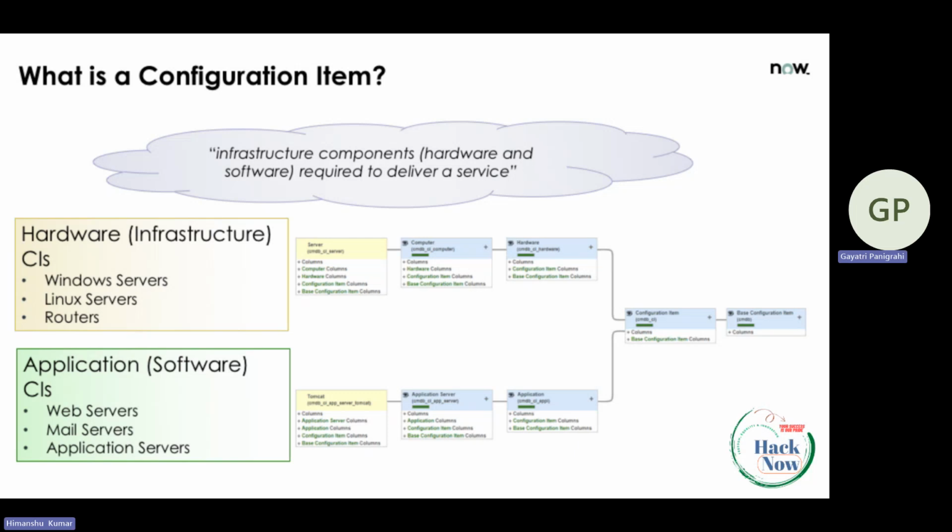On that table, there are also parts we call classes, like the Linux class, the computer class, the hardware class. After the CI table, the child tables of the CI are the hardware class and the application class.